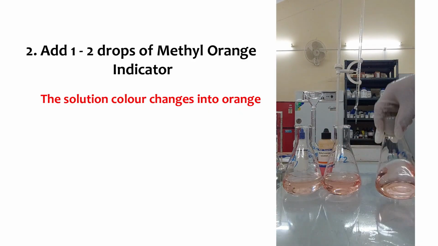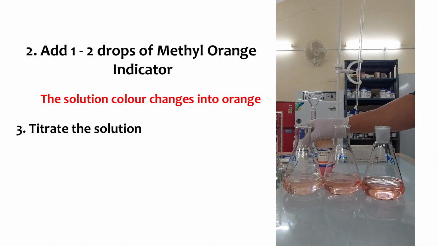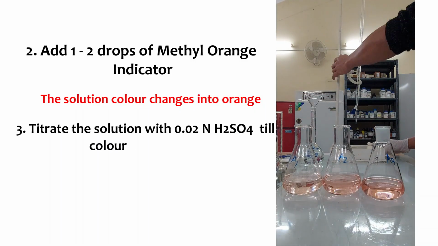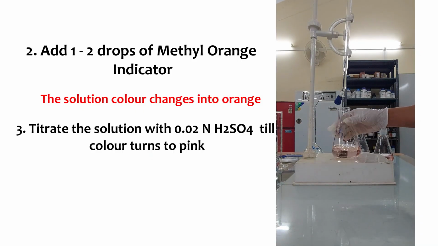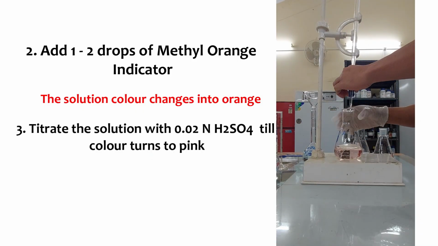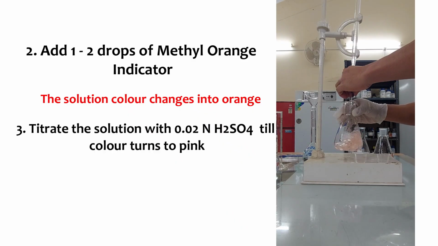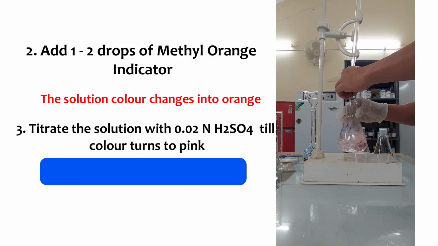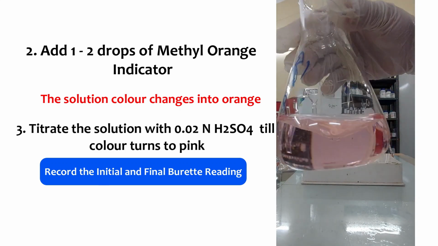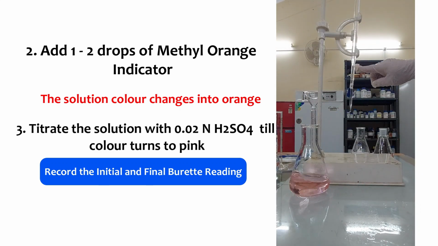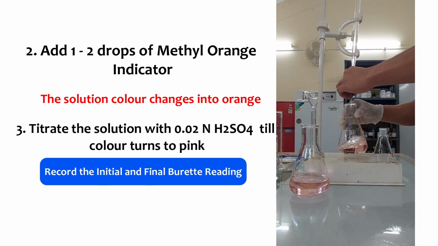Similarly, here you have to titrate the solution with 0.02 normality sulfuric acid till the orange color turns into pink. And remember to record the initial and final burette reading of all the different replicates of the samples that you analyzed.